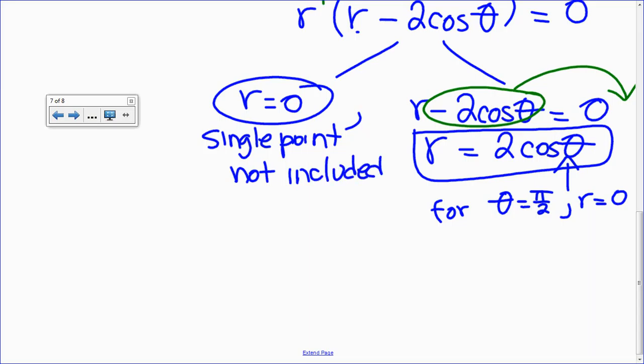Thus, the polar equation of the circle will just be this one here. So by the book, we will not include this one, only the other. Now, let's see how they look when you graph them.